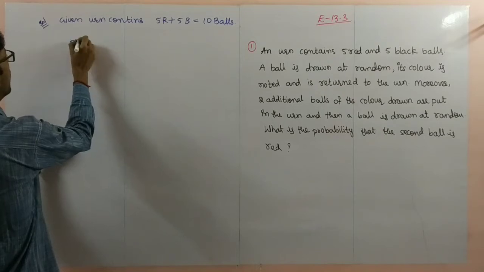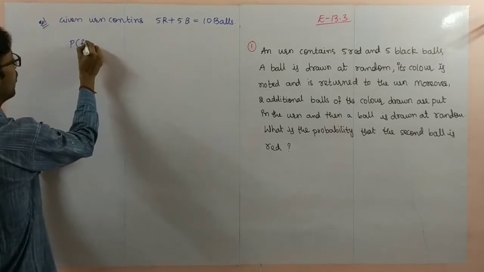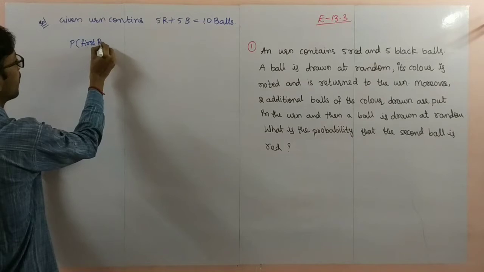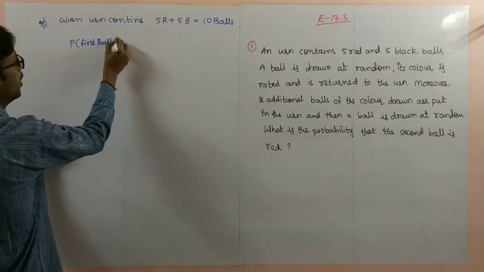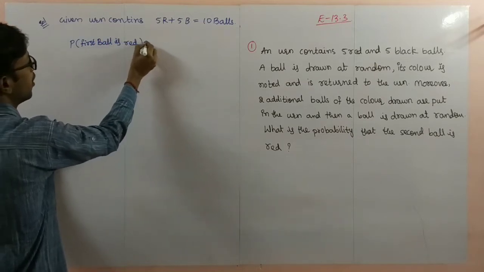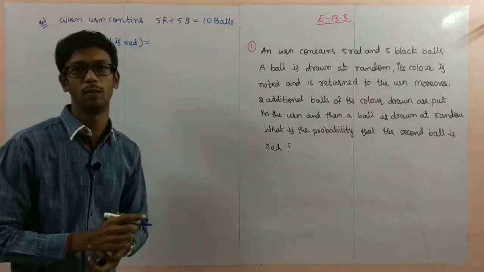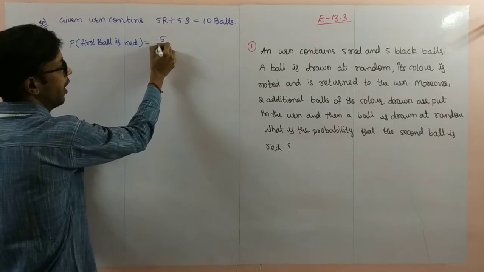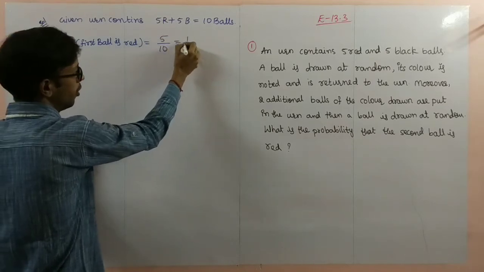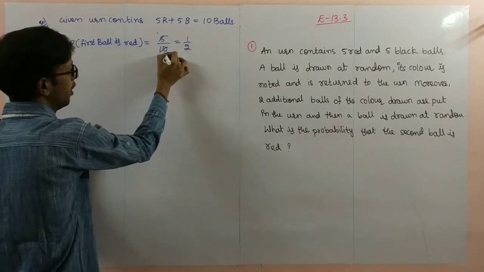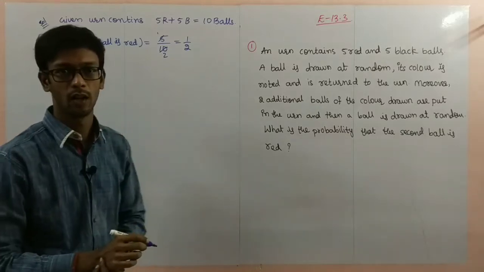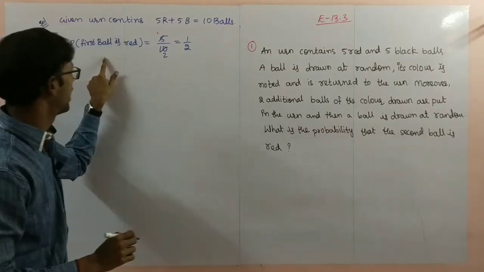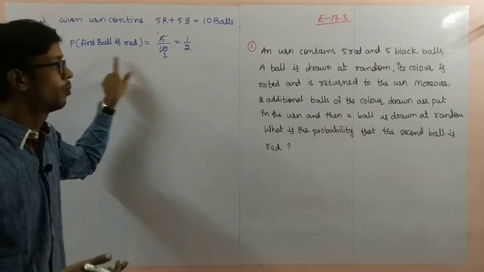I'll write down here probability of first ball is red. What is the probability of first ball is red? Red balls from urn: red balls 5, total balls is 10. So 1 by 2. If we are getting a red ball the first time, what we have to make?